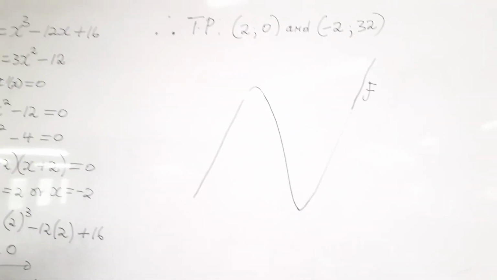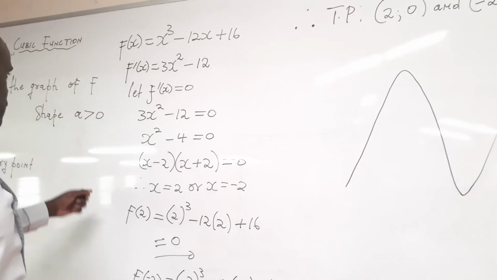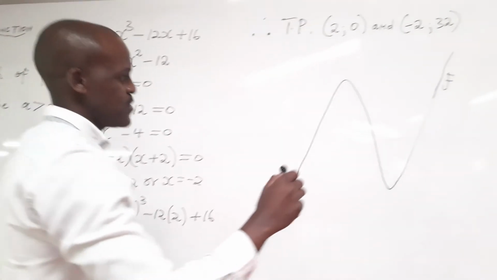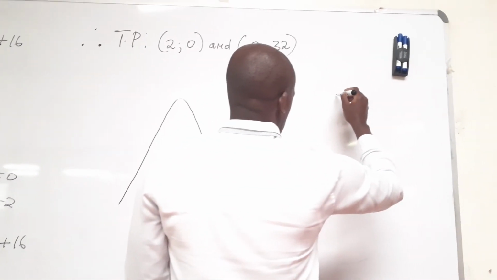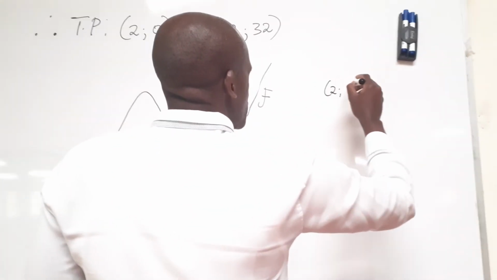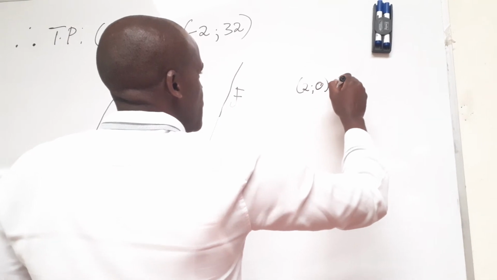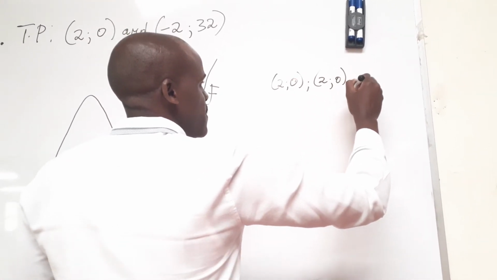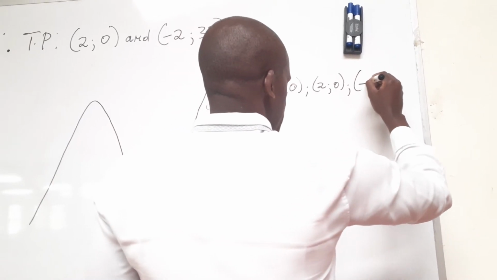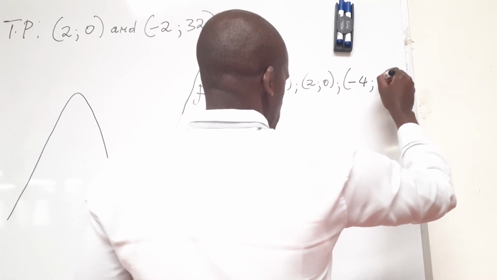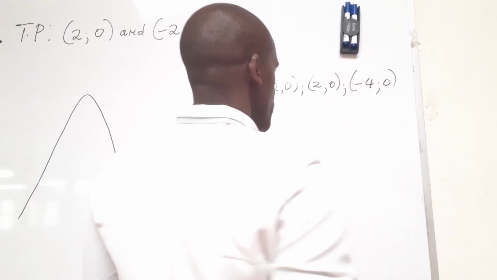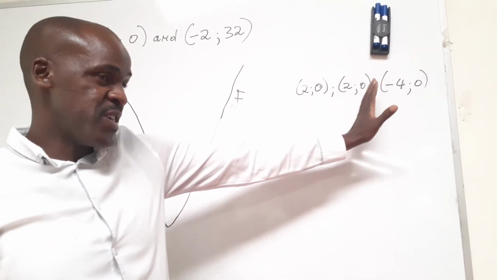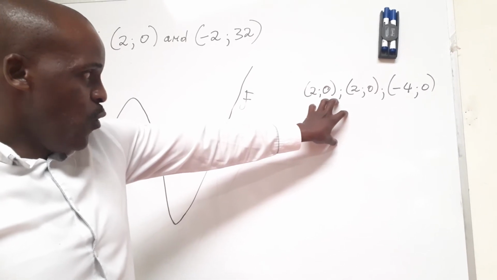And then let's look for the x-intercept. Our x-intercept, we had 2 is to 0, and negative 4 is to 0. So, obviously, this is on the right hand side of the y-axis.